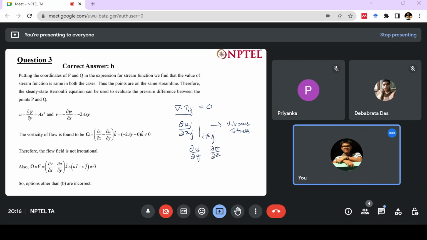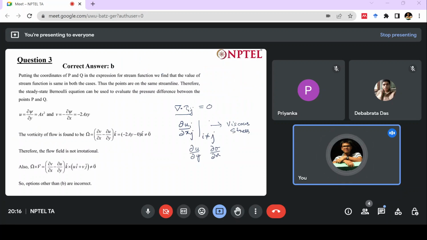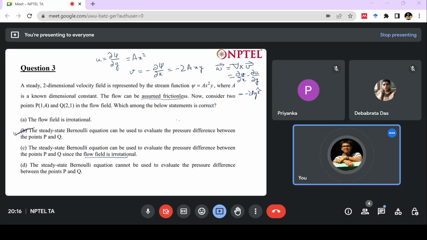And del v del x, we have seen, is non-zero. Del u del y is zero. So this would not hold if it was not mentioned that the flow is assumed frictionless, because del v del x is not zero. Okay, is it clear?